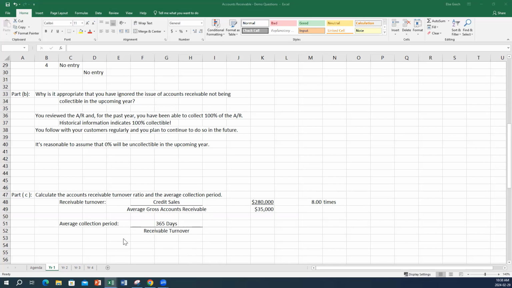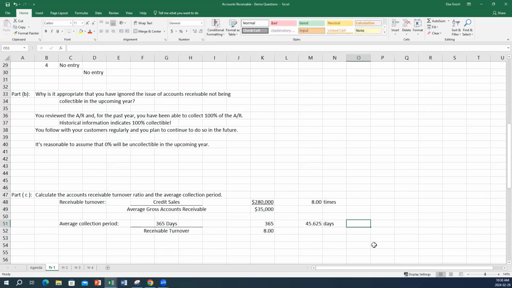The general rule is that the collection period shouldn't be greater than the credit terms that you're providing to your customers. So we take the 365 days and we divide it by the receivable turnover. And if we do this, we can see that it is 45.625 days.